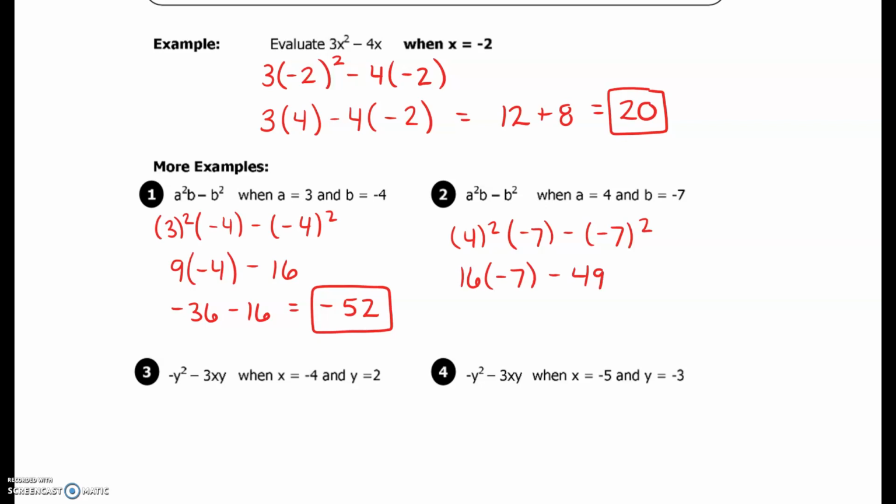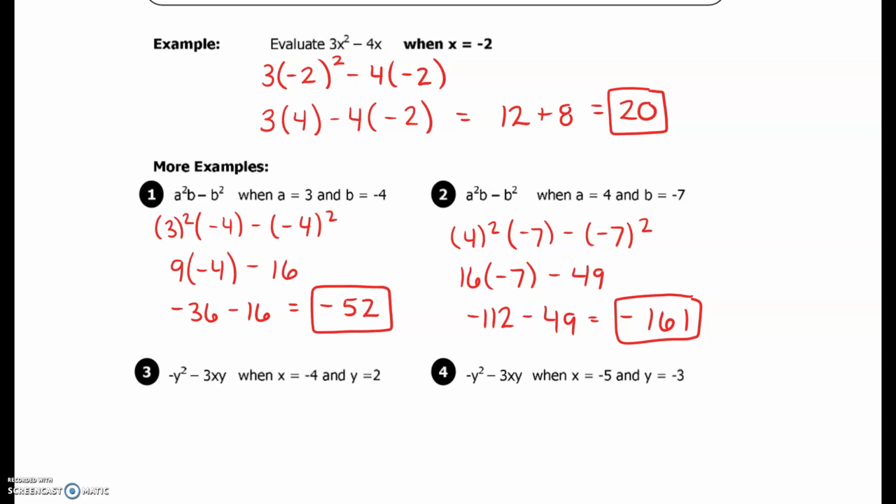In this case, 16 times negative 7 is negative 112 minus 49, which is negative 161. Again, if you're having trouble simplifying any of these, please utilize the calculator feature that we discussed on your Chromebooks in order to help with each one of these steps.